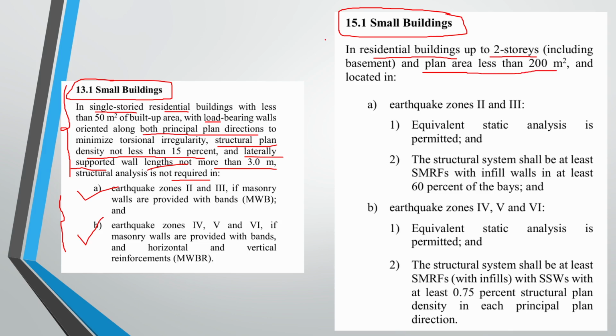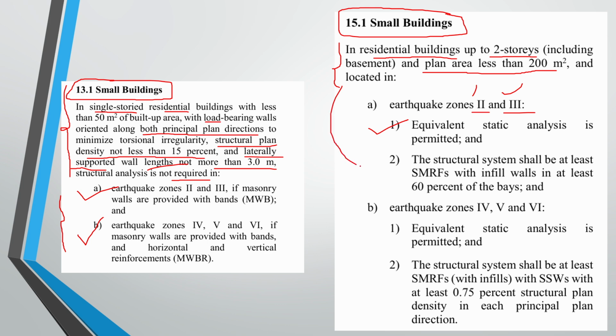If you are fulfilling this, then in earthquake zone 2 and 3, the equivalent static analysis is permitted. So you can perform the equivalent static analysis in zone 2 and zone 3 with these requirements. That means up to two-story residential building with plan area less than 200 meter square.